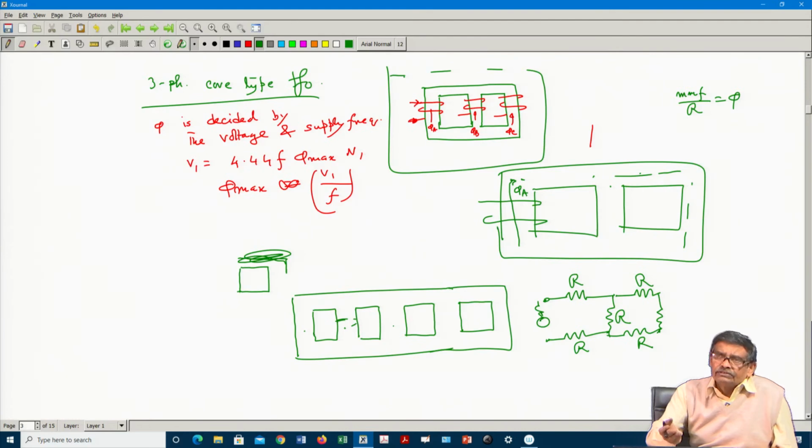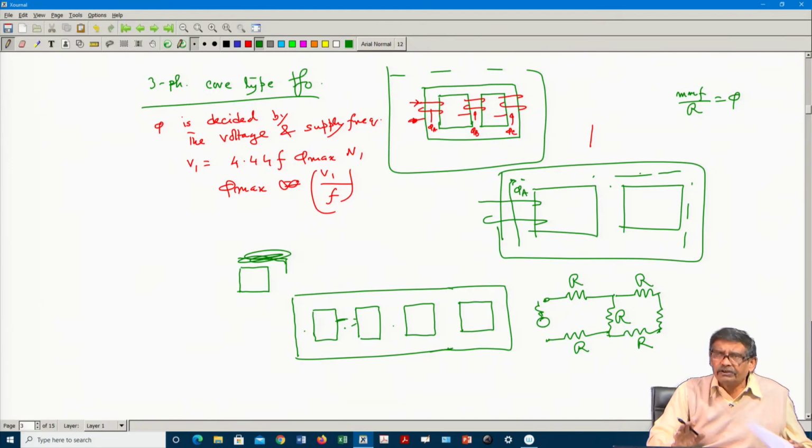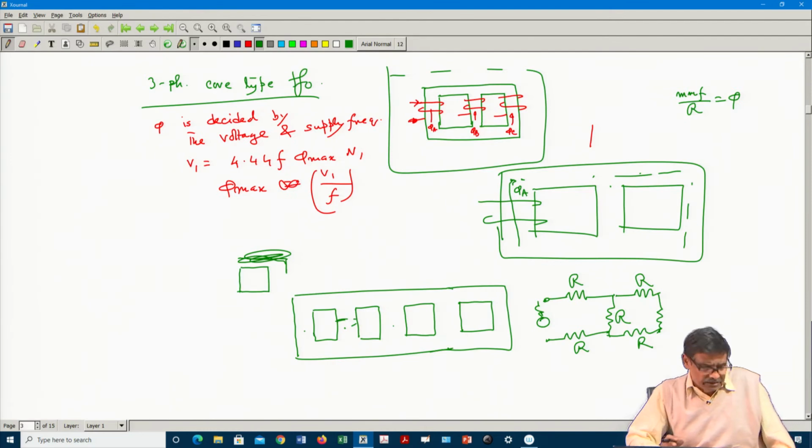Those things can also be avoided in such situations, because third harmonic flux will find its way through the core, as if these are different primary and secondary. It has a nice path here, this phase, like that. You think in that way, although this was not part of the course, the 5-limbed transformer.